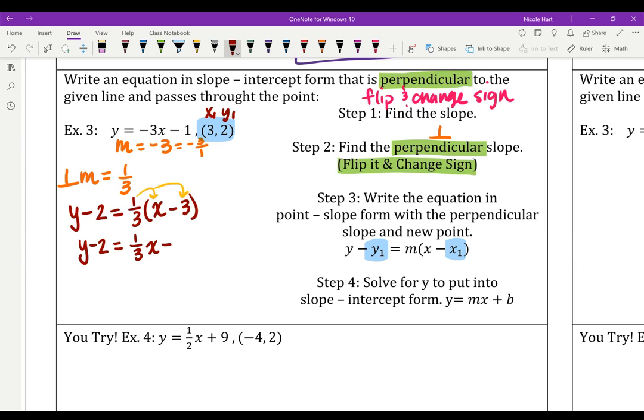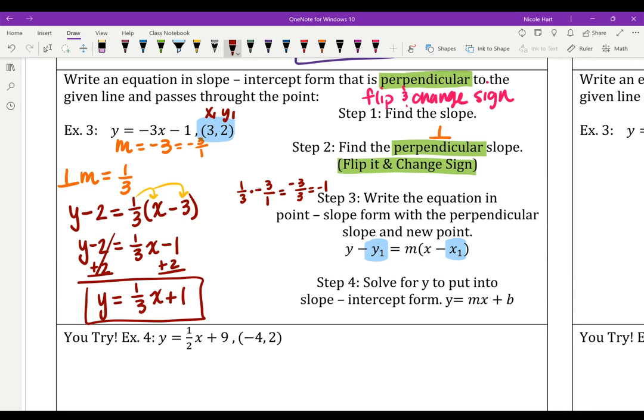But that is going to give me a negative 1. So 1/3 times negative 3, which is the same as negative 3 over 1. If you multiply that, that's negative 3 over 3, which just turns into negative 1. Then I'm going to add 2 to both sides. And we end up with y equals 1/3 x plus 1 as our perpendicular equation.